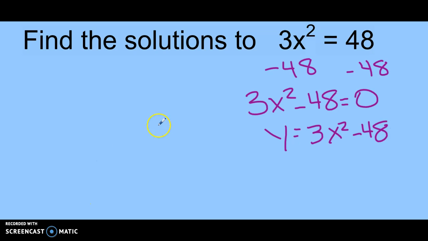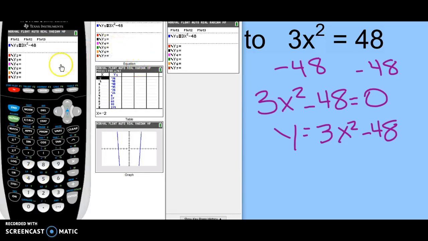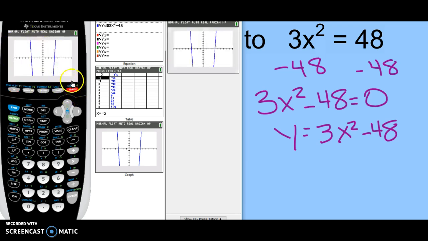So I'm going to pull up my graphing calculator again and show you what it's supposed to look like. Okay, so I put in y equals 3x squared minus 48 over here. Once I hit graph, I should be able to see where the x-intercepts are. It looks like it's at -1, 2, 3, 4, and it's also at +1, 2, 3, 4.